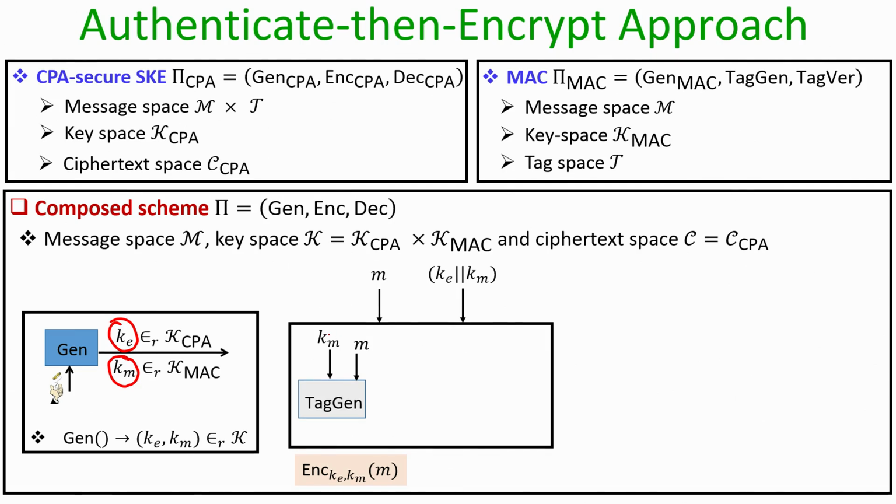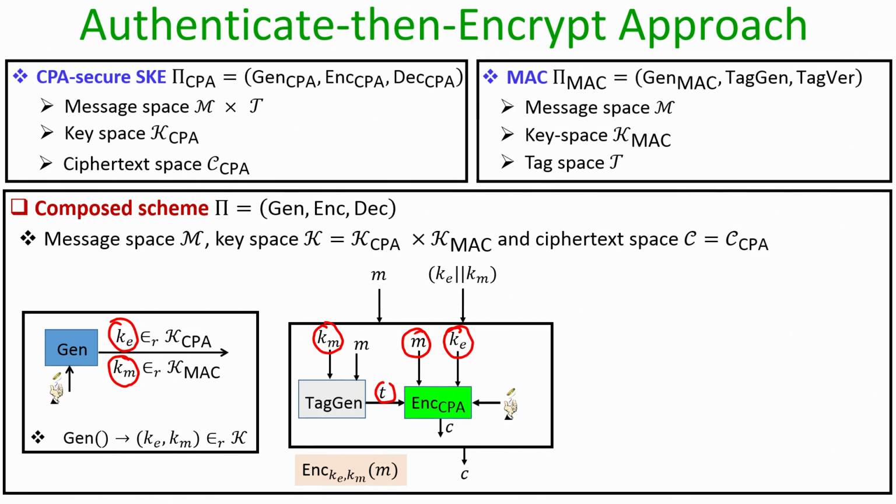Now as the name suggests, to encrypt the message, we first authenticate the message. For authenticating the plain text, we use the key k sub m from the overall key and compute the tag. Once the tag is obtained, both the message as well as the tag are concatenated, and that is considered as the new plain text and encrypted using the k sub e part of the overall key, and the cipher text is obtained.